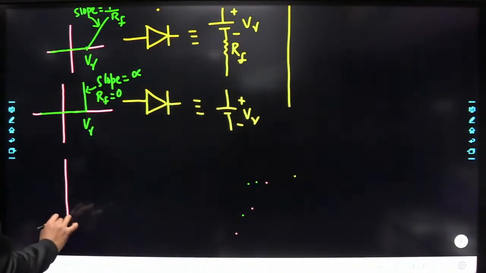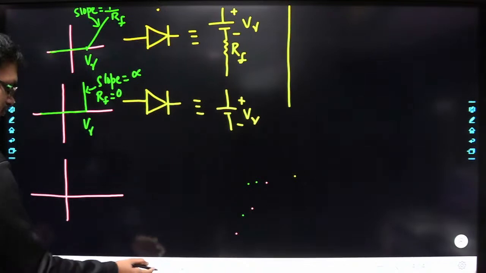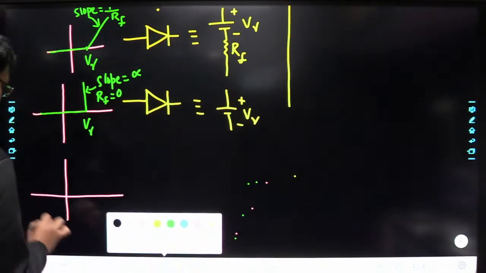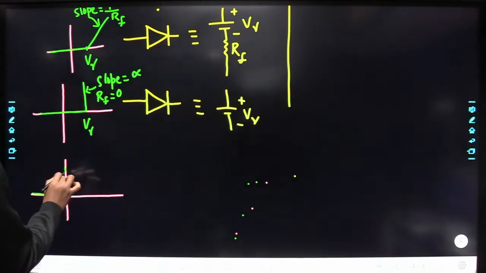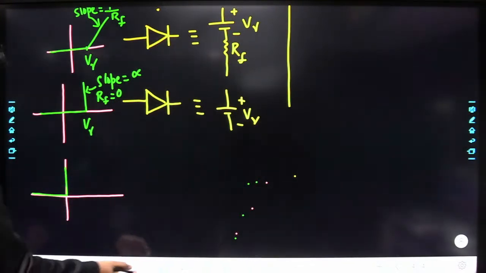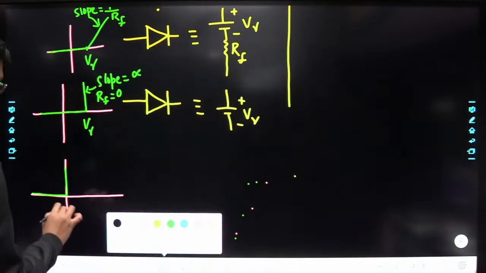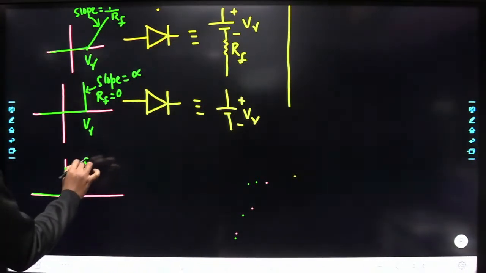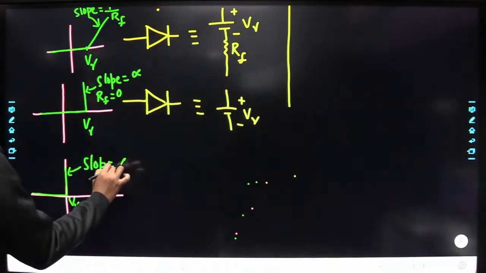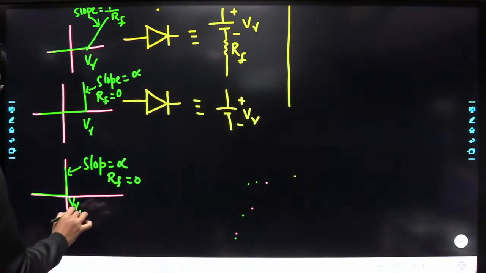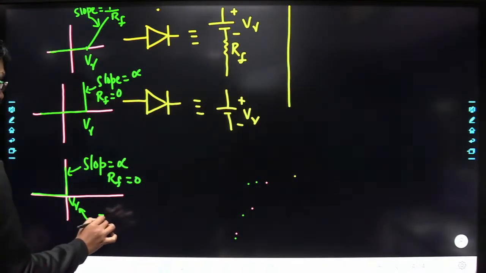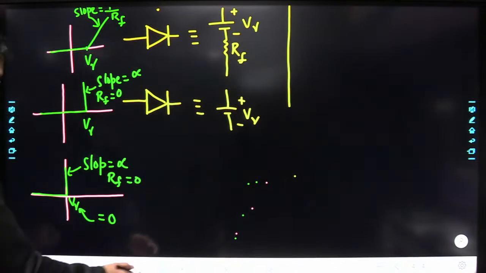Next one. Here the slope is equal to infinity and RF is equal to 0. The cut-in voltage is also equal to 0.